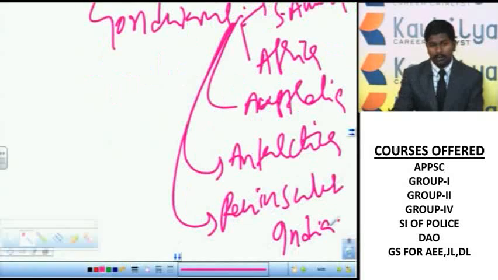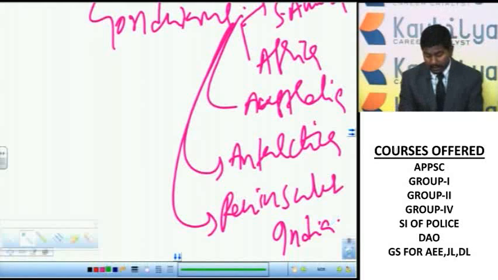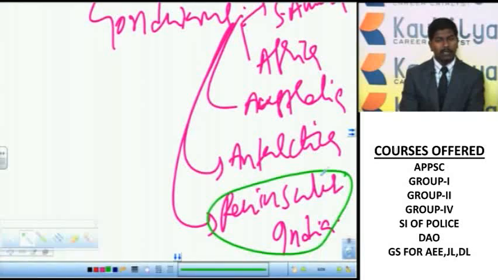So this is how all these parts are derived from the Gondwana land, and the northern parts are derived from the Angara land or Laurasia. Remember one point here: peninsular India, today it is in the northern hemisphere, but by its origin, by its evolution, it belongs to Gondwana landmass. Clear? So with that, the continental drift theory and the evolution of the present day continents and oceans.